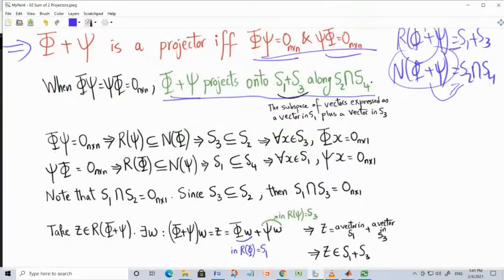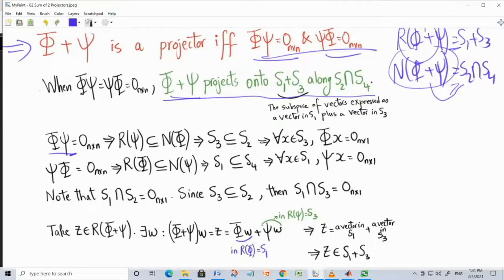Now I am studying the case in which phi plus psi is indeed a projector, because if it's not a projector, then the question itself is meaningless: you cannot ask what it is projecting onto.